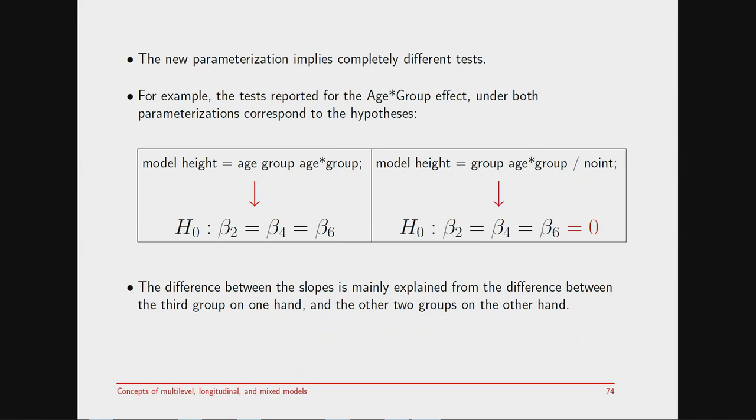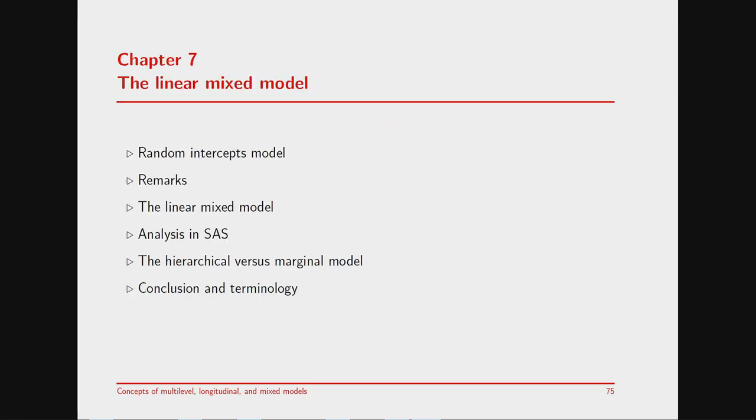So one procedure is not better than the other, as long as you know what you're doing and that you correctly interpret the results that you get out of your run in SAS or any other software package, because all these software packages do the same thing. So don't think it's only something related to SAS. Okay, any questions about this?